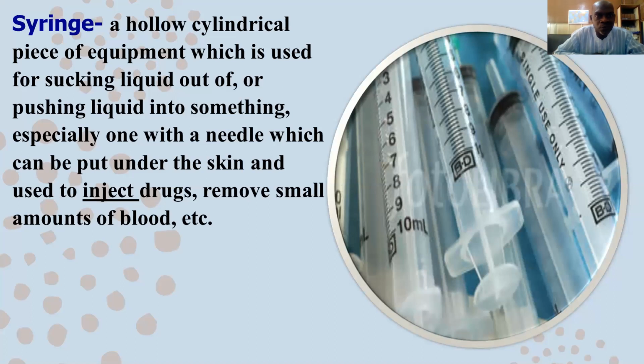It's a piece of equipment which is used for sucking blood out of or pushing liquid into something, especially one with a needle, which can be put under the skin and used to inject drugs, remove small amounts of blood, etc. So a syringe, apart from being used to give injection, can also be used to remove amounts of blood from the body.